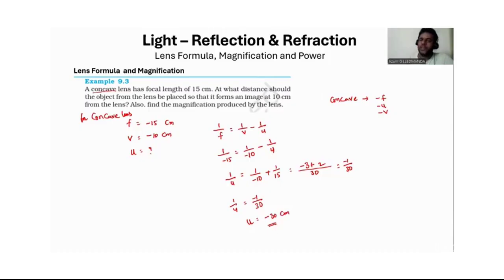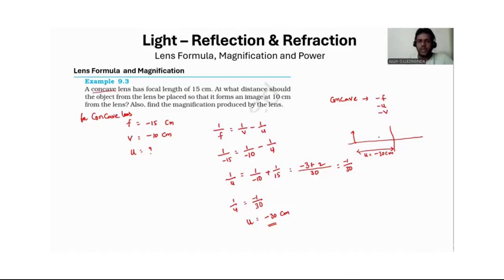We will obviously get a minus value because this is a concave lens. That means the object is 30 centimeters in front of the lens. If we just want to represent it in the diagram, let's say this is the concave lens. So here at 30 centimeters, we have an object. So this distance is u, that is minus 30 centimeters.